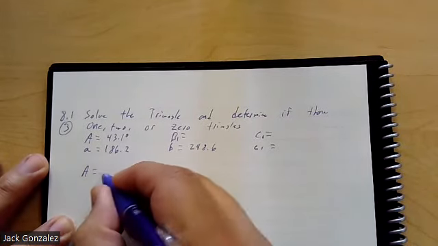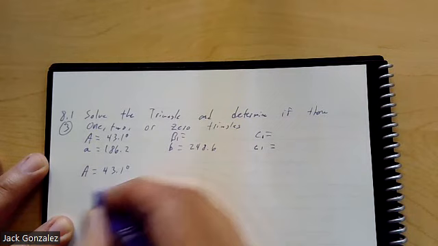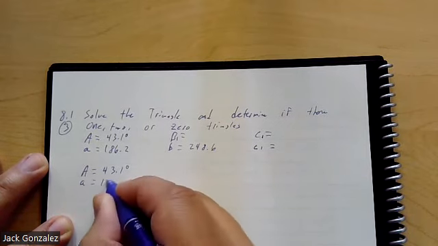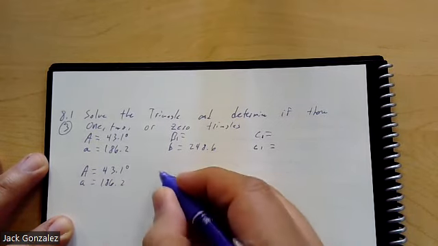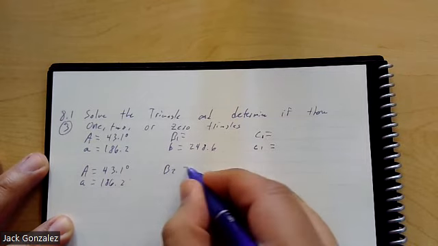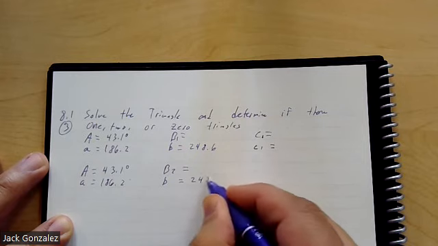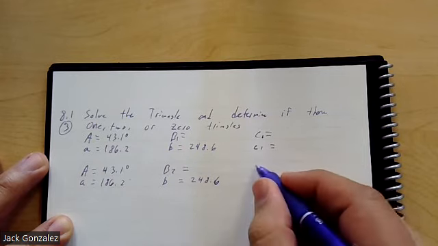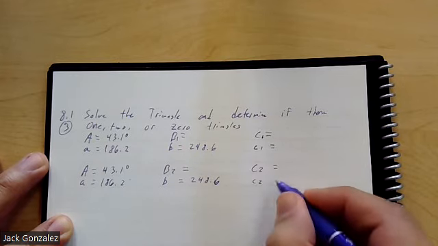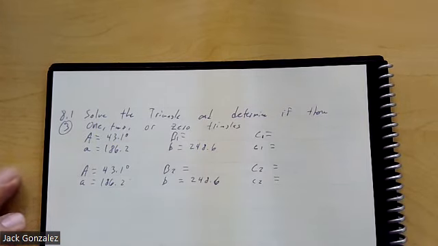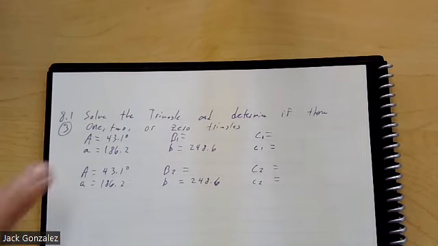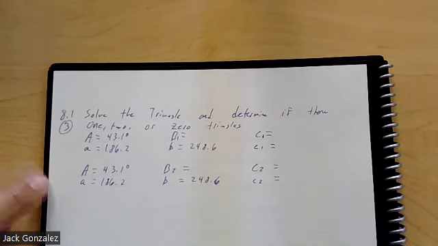These will be fixed for the second triangle. Just to stay organized, B2 will be different. Okay, so we got triangle 1 and triangle 2. Let's pretend we didn't know that, because I'm not going to tell you.